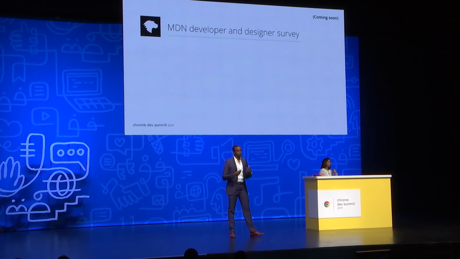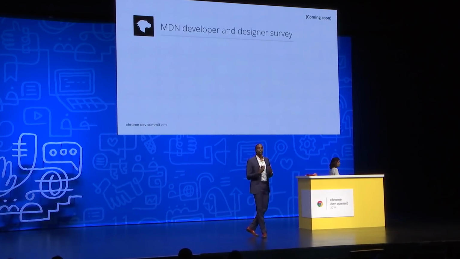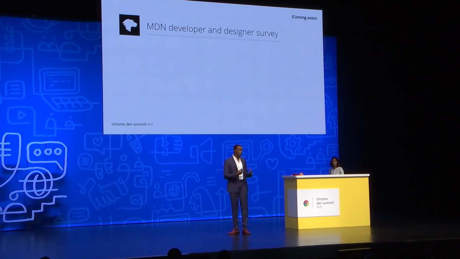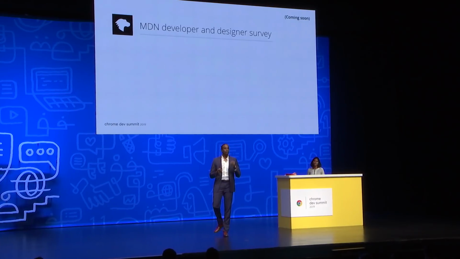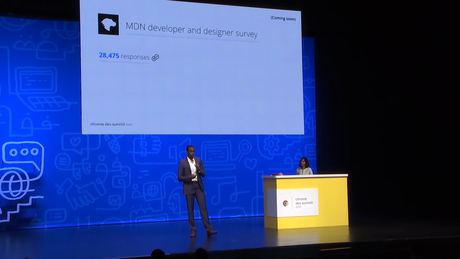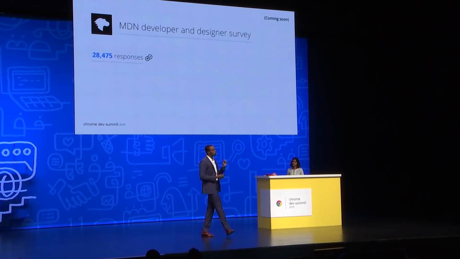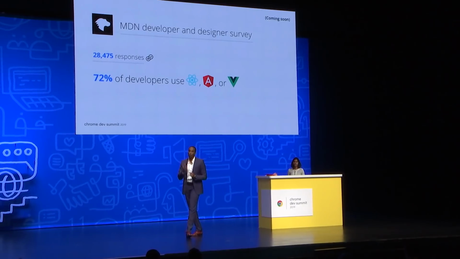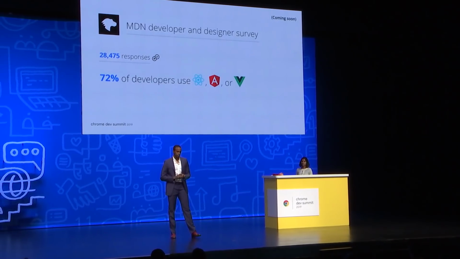MDN will soon release the first edition of their developer and designer survey to try and learn more about the needs and frustrations of web developers. With over 28,000 responses, one interesting result from this survey was that 72% of respondents actively use React, Angular, or Vue for their sites.